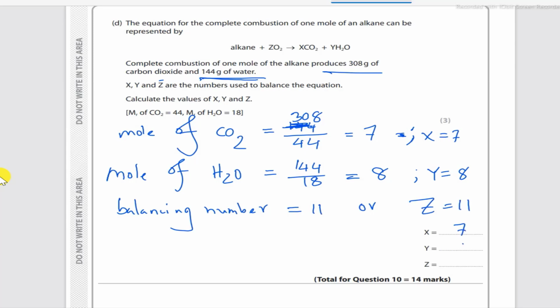So 7, 8, 11. So total for question 10 equals 14 marks.